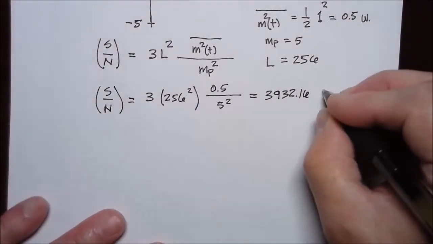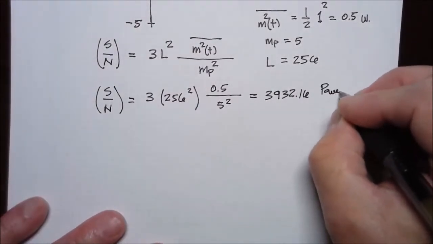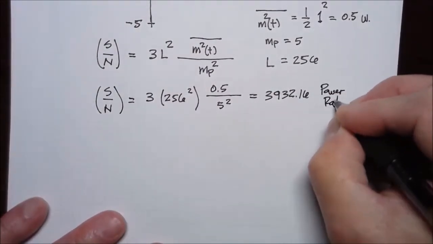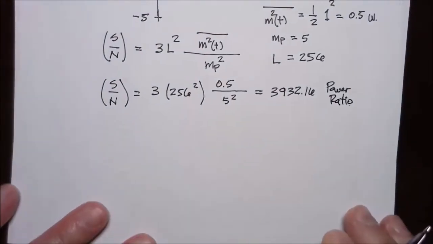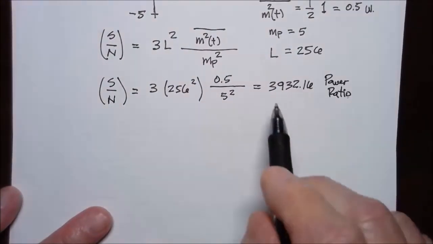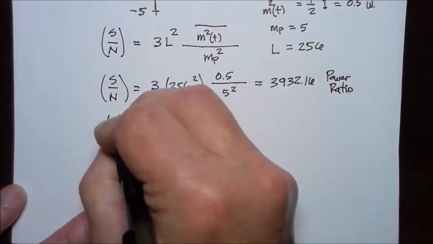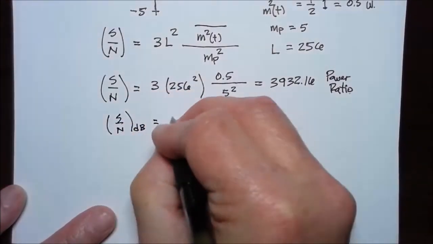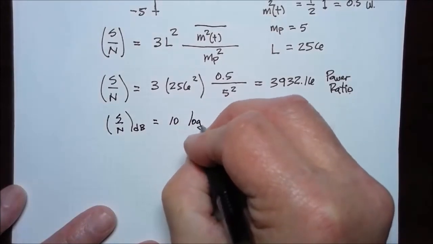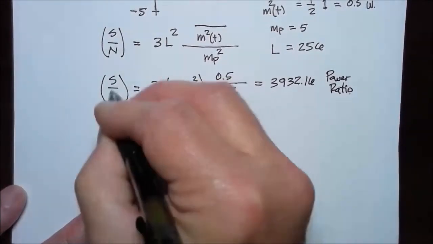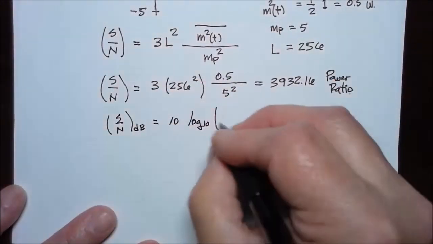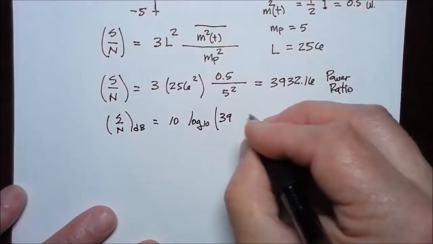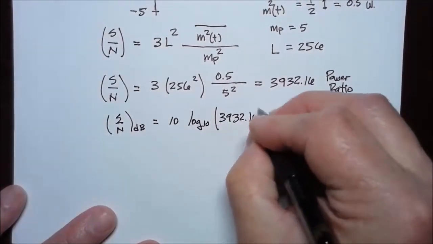Now, if we want to know the value in decibels, the signal to noise ratio in decibels is going to be 10 times the log base 10 of this signal to noise ratio, so that's going to be 3932.16.